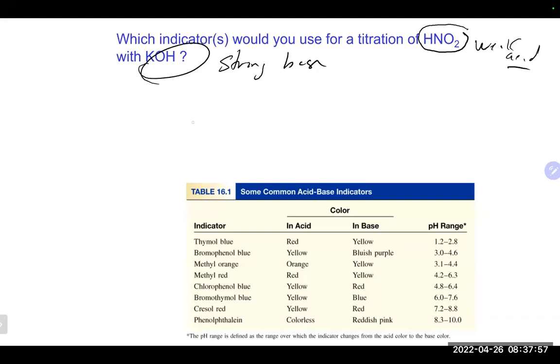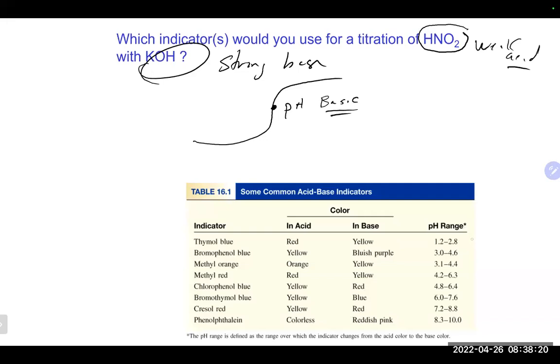What we should know is that when we get to the equivalence point, the pH should be acidic, basic, or neutral. It should always be basic in this type of titration, because, just like in the example we just did, we have a salt that will go through hydrolysis and produce hydroxide. So we should expect it to be basic.